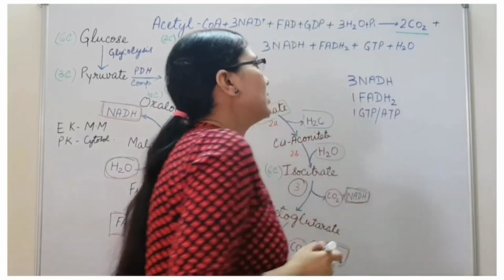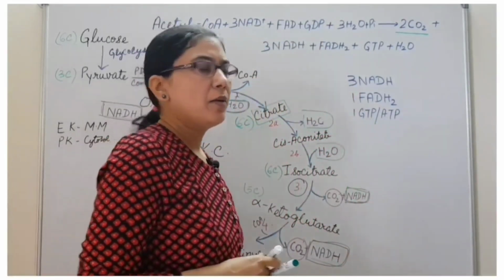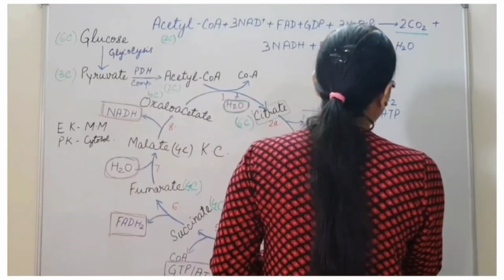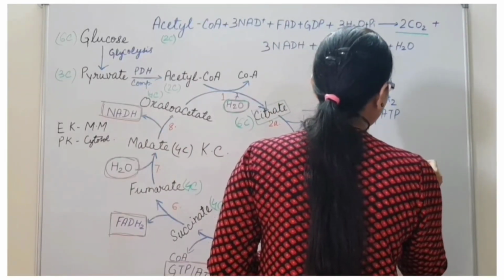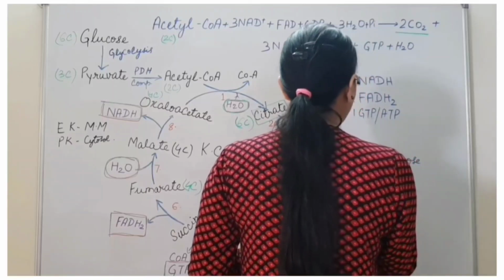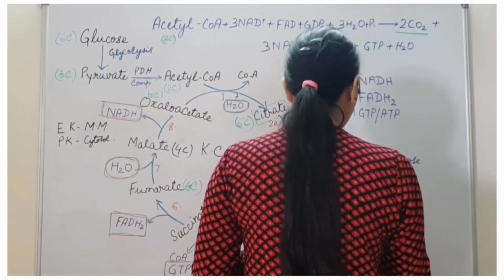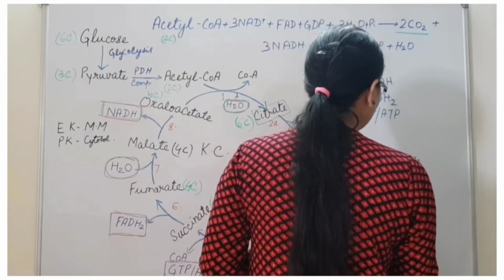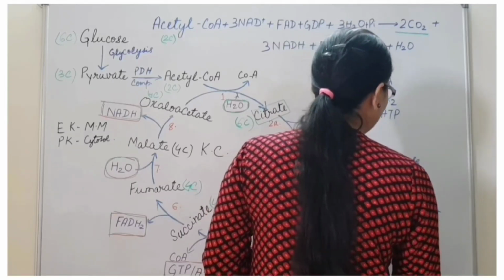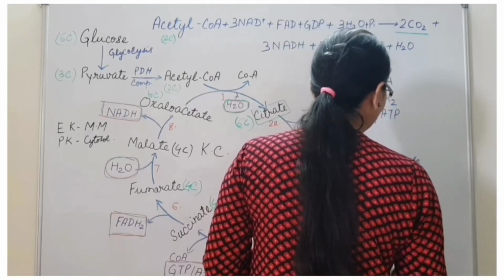So this is obtained from one Krebs cycle. We know that glucose molecule, that is a 6-carbon compound, gives the final product pyruvate, that is a 3-carbon compound.